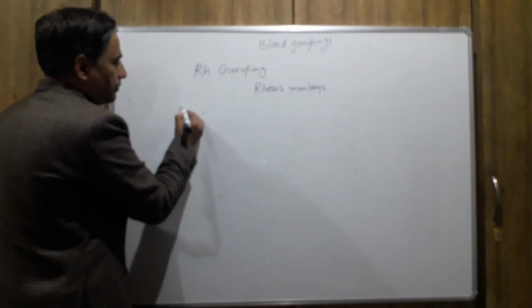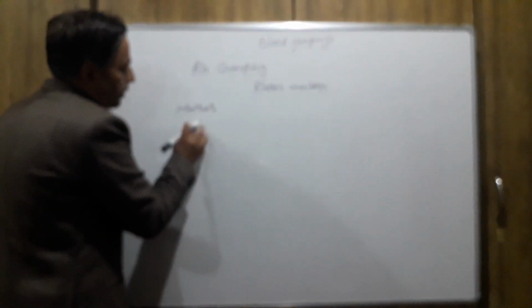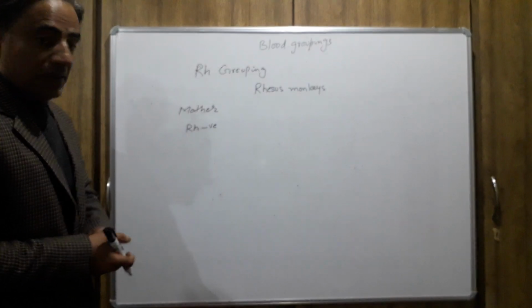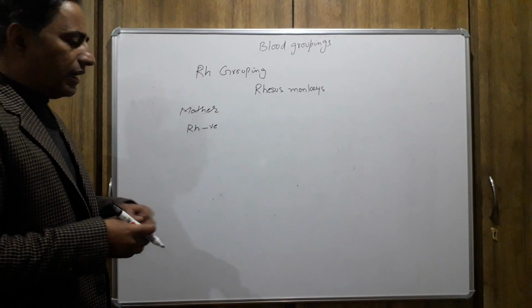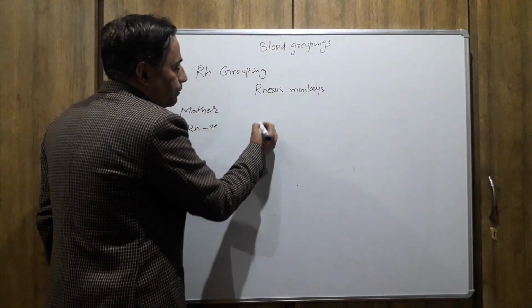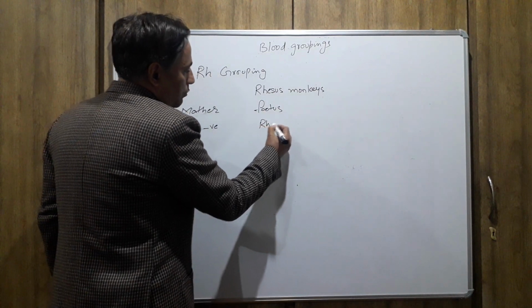So in case of mother and fetus, for example, in case of RH grouping, if the mother is RH negative, that means the mother's RBCs do not contain the RH antigen, and the developing fetus within the womb of the mother is RH positive.